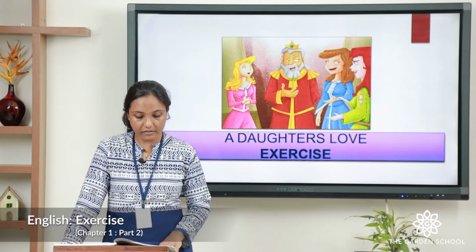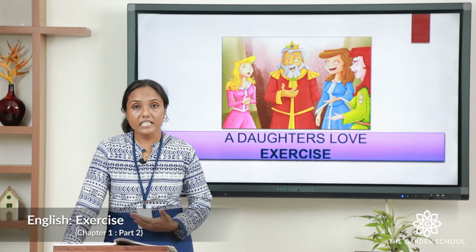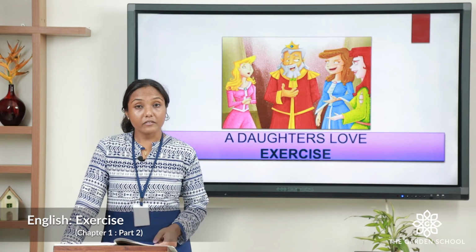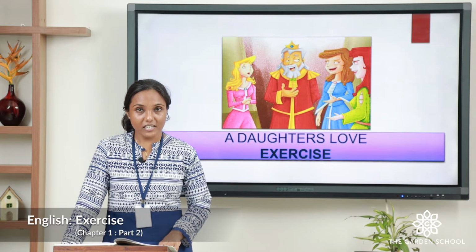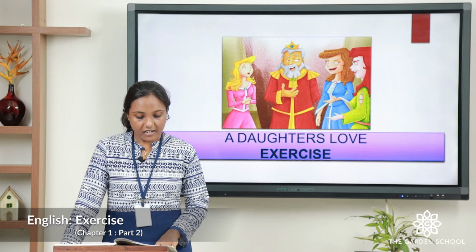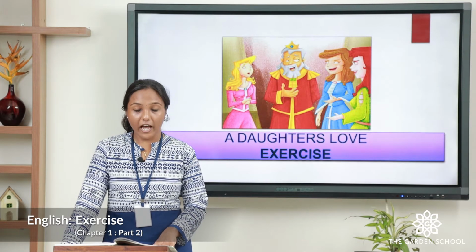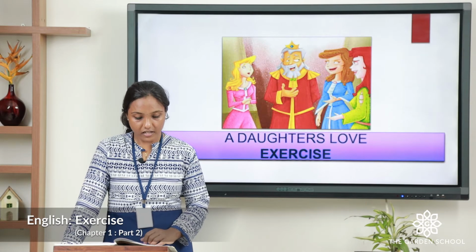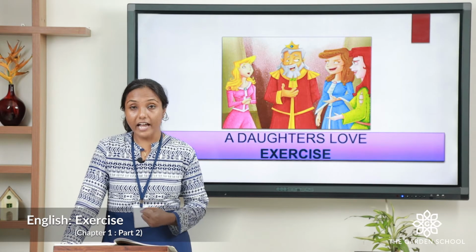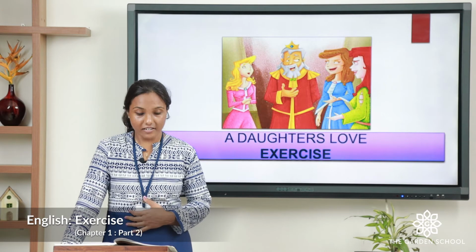Next, the sixth one: Ravi Shankar played the sitar. Ravi Shankar is the subject and played the sitar is the predicate. I hope you have understood very well. You are able to find the correct answers quickly, right?